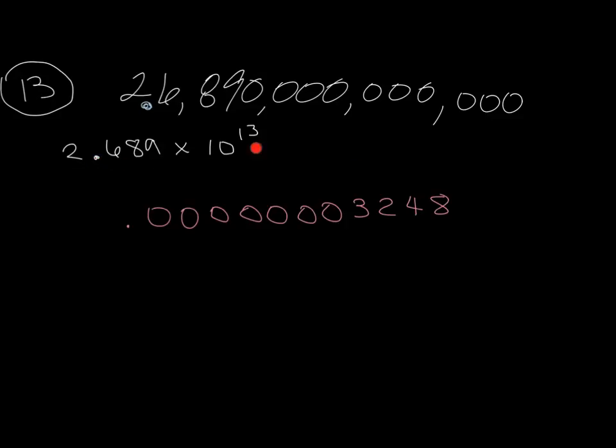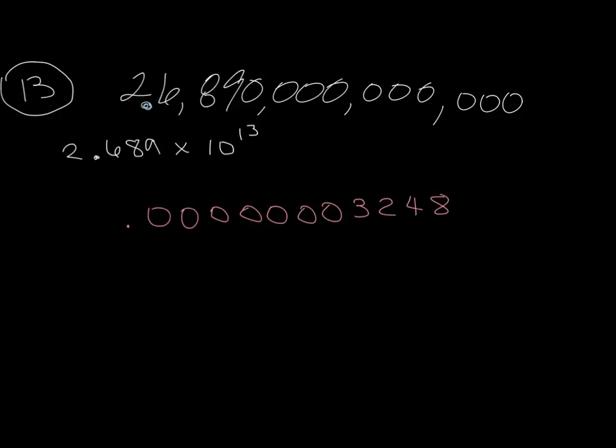Okay? So, since we want to make it scientific notation, we moved it 13 to the left. In order to get back to where it's supposed to be, we move it 13 back to the right. So that's what this positive 13 means, is this decimal's in the wrong place. In order to put it in the right place, we move it 13 in the positive direction.